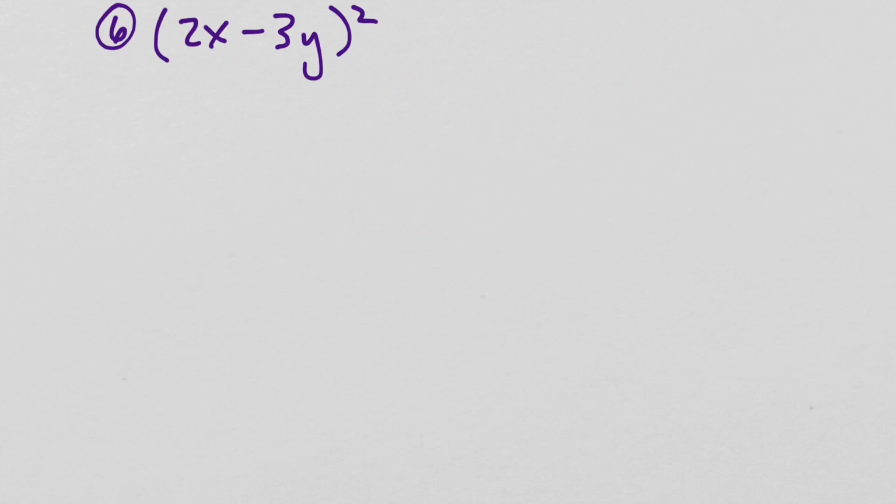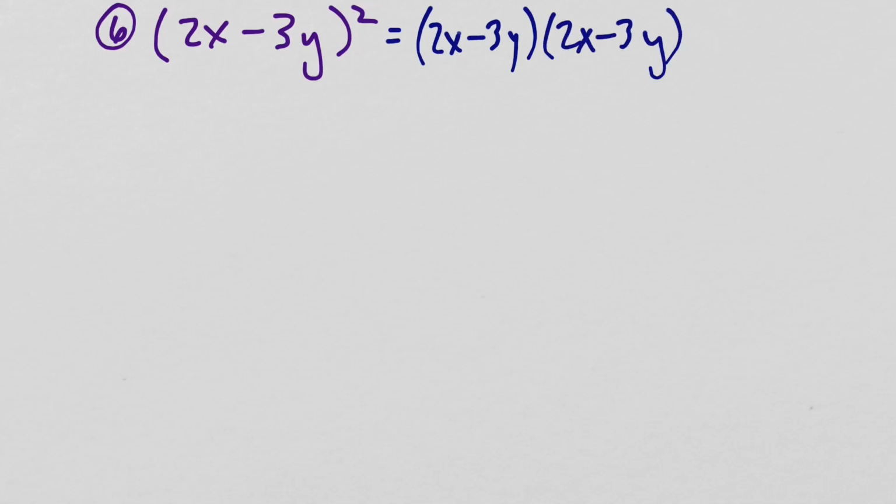Okay, so another example of that here with our next polynomial. So again, don't just square both. What you're going to do is you're going to write this as 2x minus 3y times 2x minus 3y. And then what we're going to do is we're going to take 2x times each value.